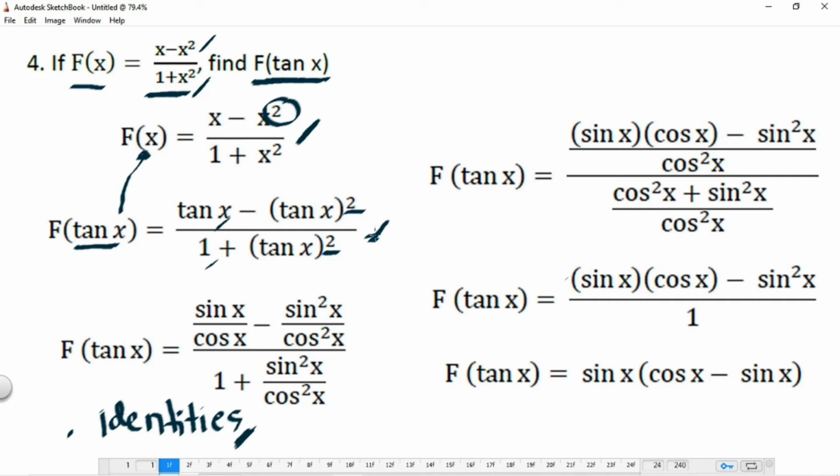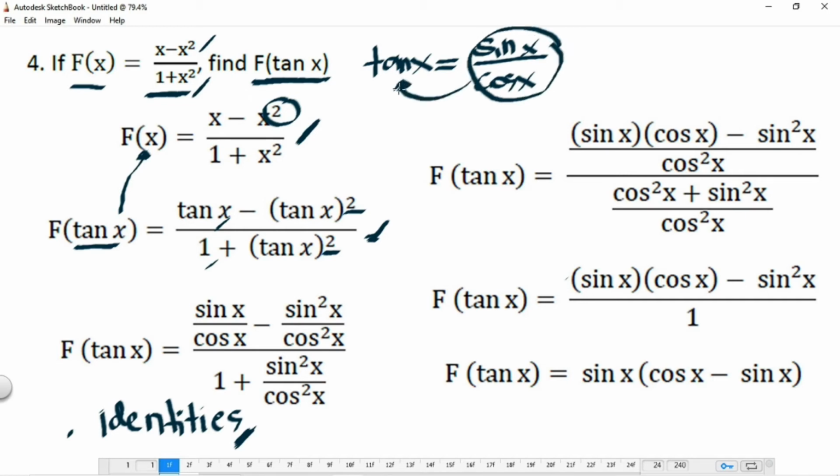Now let's continue. According to your identities, tangent of x is equal to sine of x divided by cosine of x. We must substitute this to tangent of x.